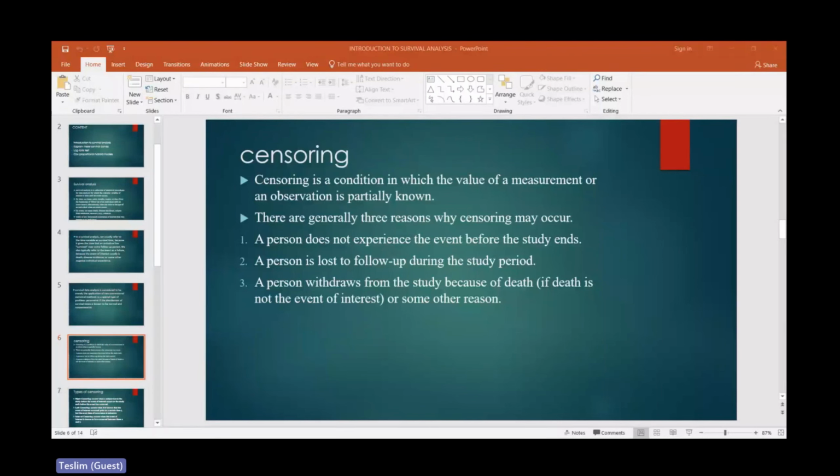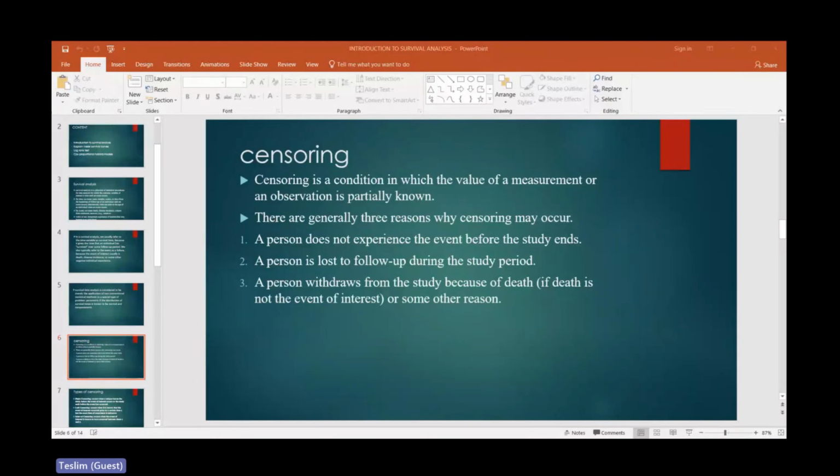At the end of the study, if out of 10 we only have 5 rats dying, the remaining ones that did not die are censored. That's one of the reasons why censoring occurs, because we don't know the time at which those particular rats die. Are you following? Those rats that did not die are censored.